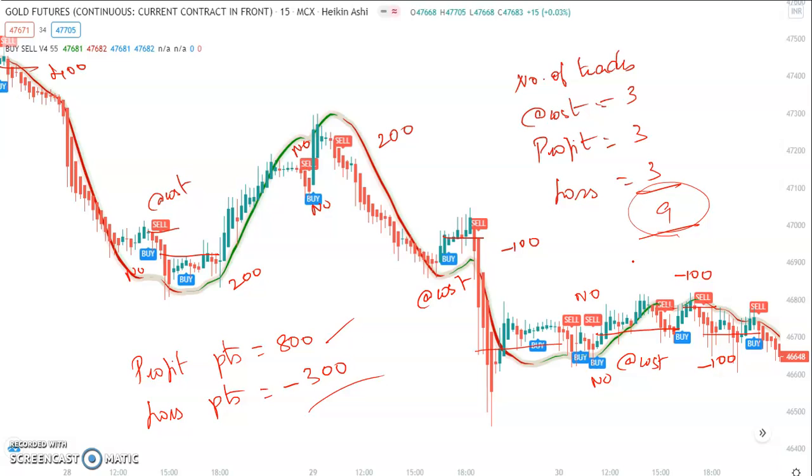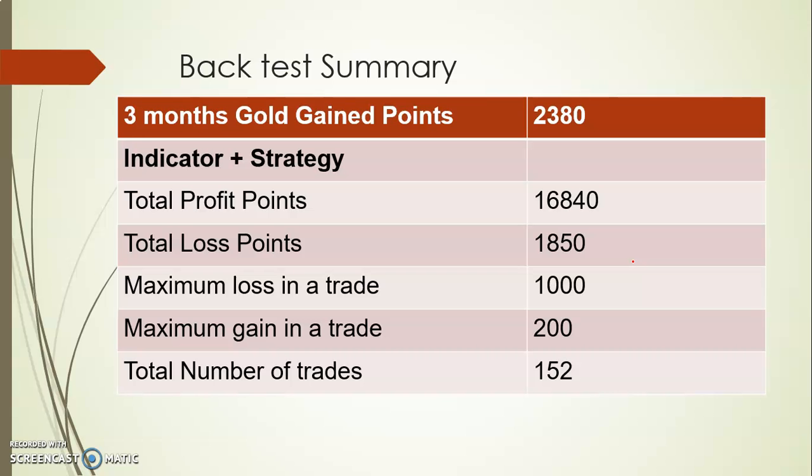So till now we saw the summary for certain time periods. The total summary for the backtest is for the last 3 months, Feb, March, April. In the 3 months, gold made 2,380 points from Feb to April end.